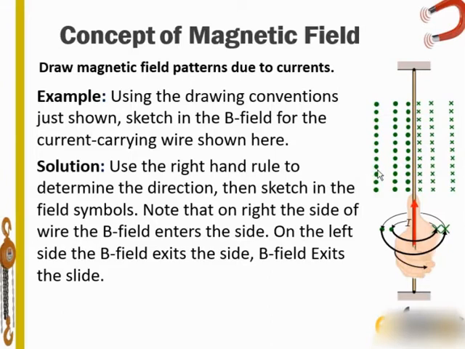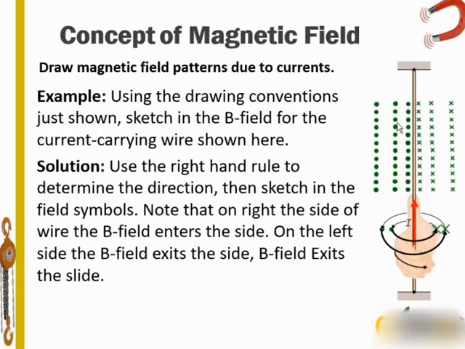So the important thing to notice as well, for your information, is that the fields tend to get weaker the further you are from the wire. You can see over here that as you move away to the left or to the right of the wire, the line of dots is spaced out more, with a gap separating them which gets bigger and bigger.